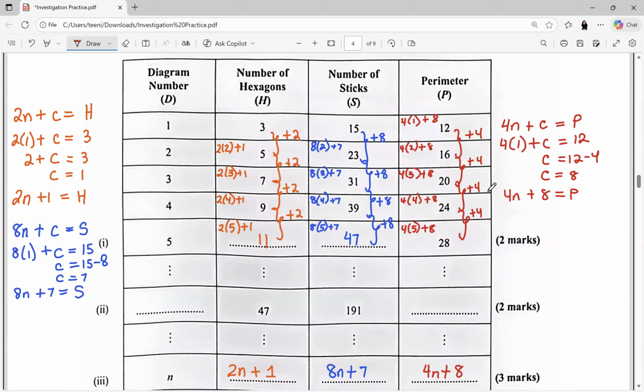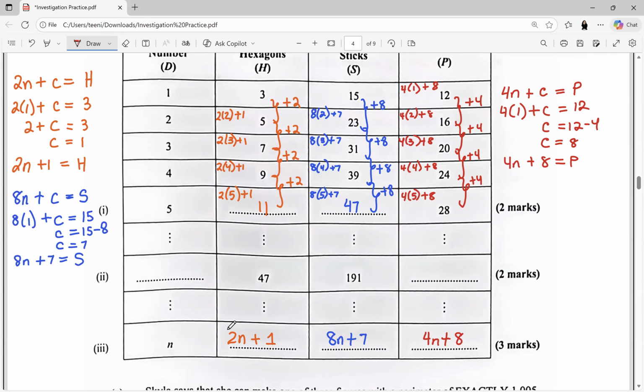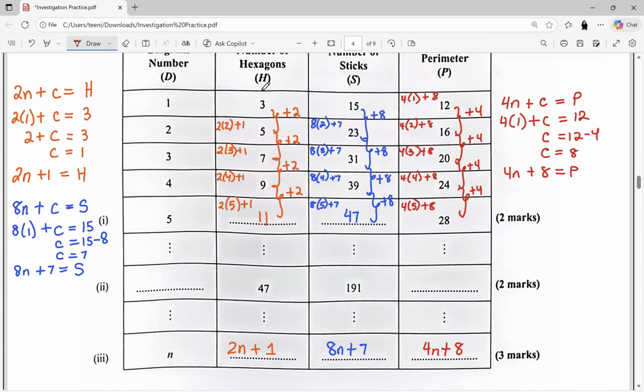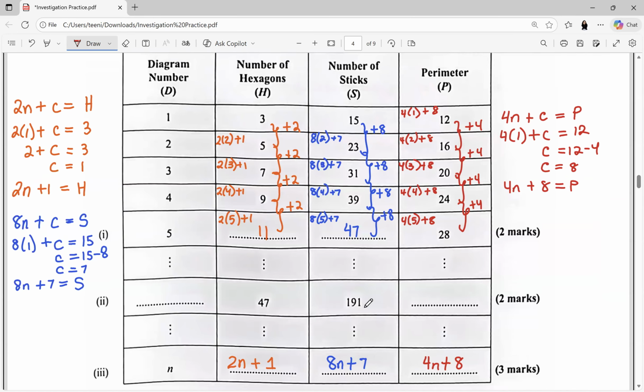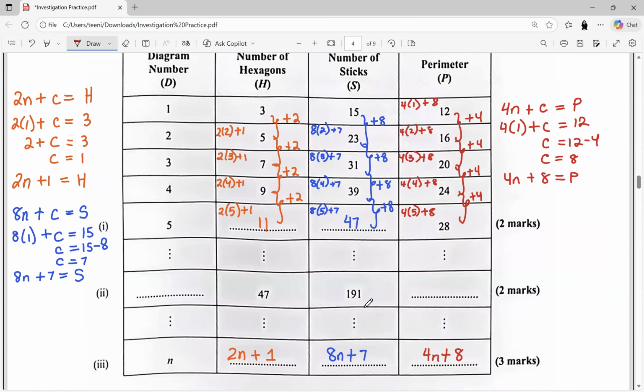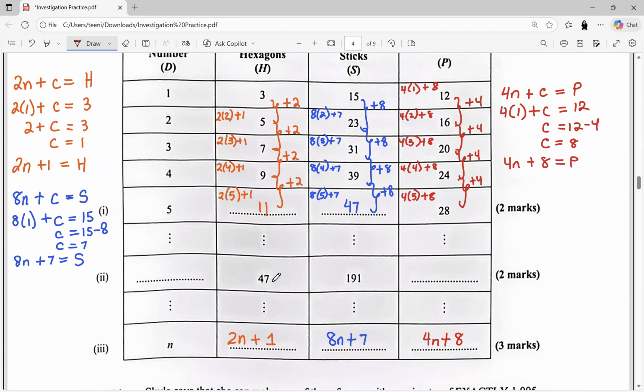Right. So we need to figure out in part 2 what is the diagram number when the number of hexagons is 47 and the number of sticks is 191. Now, it doesn't matter which one of the equations we use. We could use any one of these to figure out the diagram number. So I'm just going to use the hexagons rule.